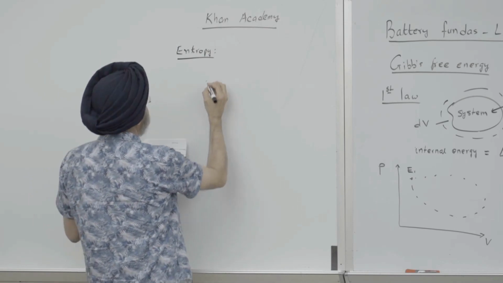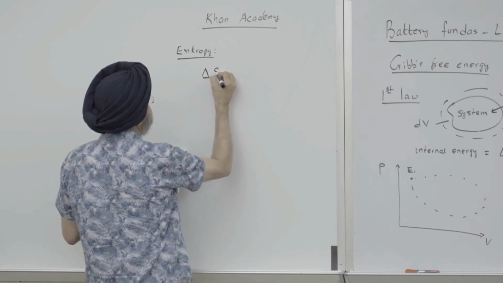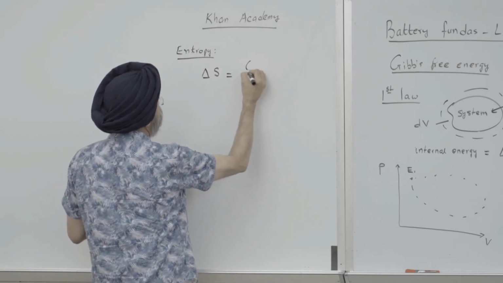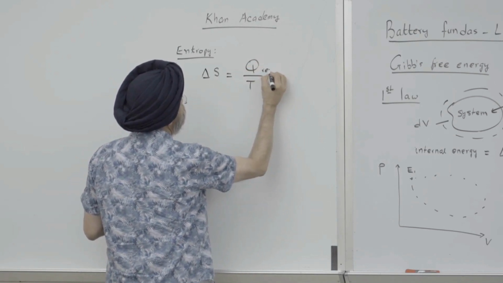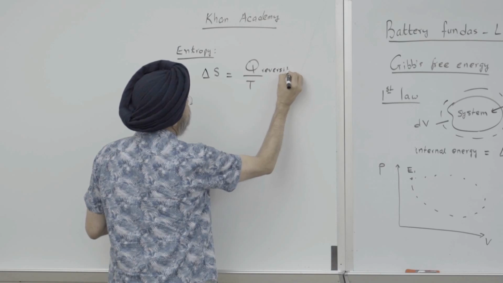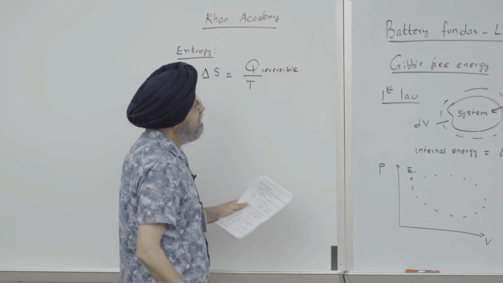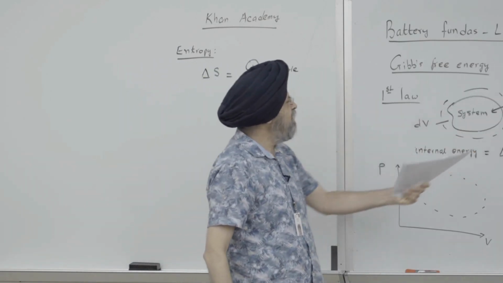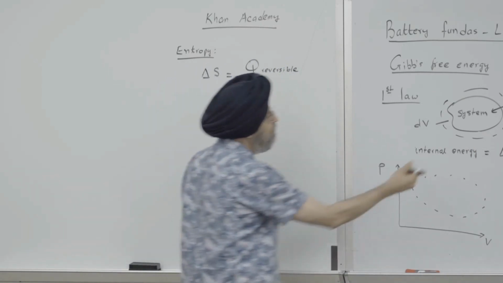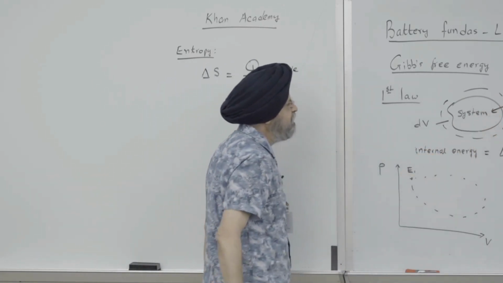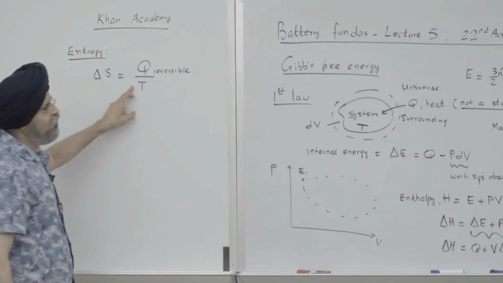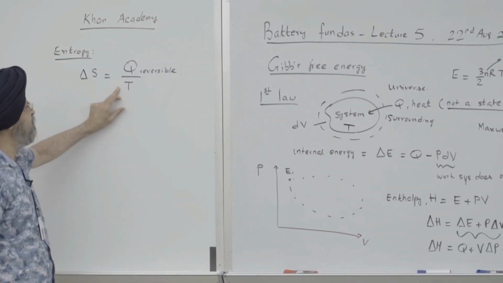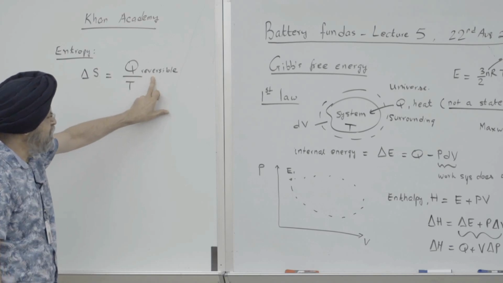We say a change in entropy delta S is equal to Q over T, but this Q is for a reversible reaction. It's the same Q. If I give Q to my system at temperature T, then the change in entropy is Q over T, but the Q has to be reversible.